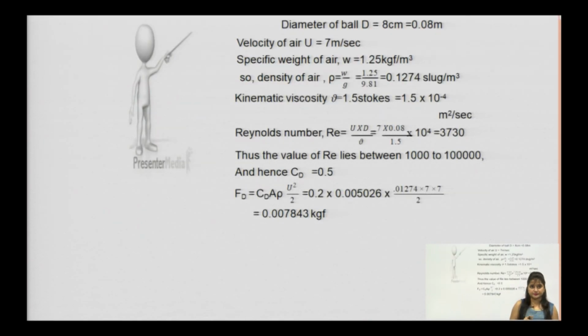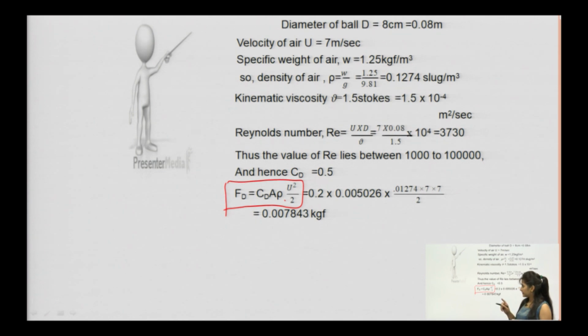So, here you can see these are the diameter of the ball. The basic thing we know is that the flow should have drag and lift. For drag we have a simple formula: drag force is equal to CD, area, density, and half of velocity square.